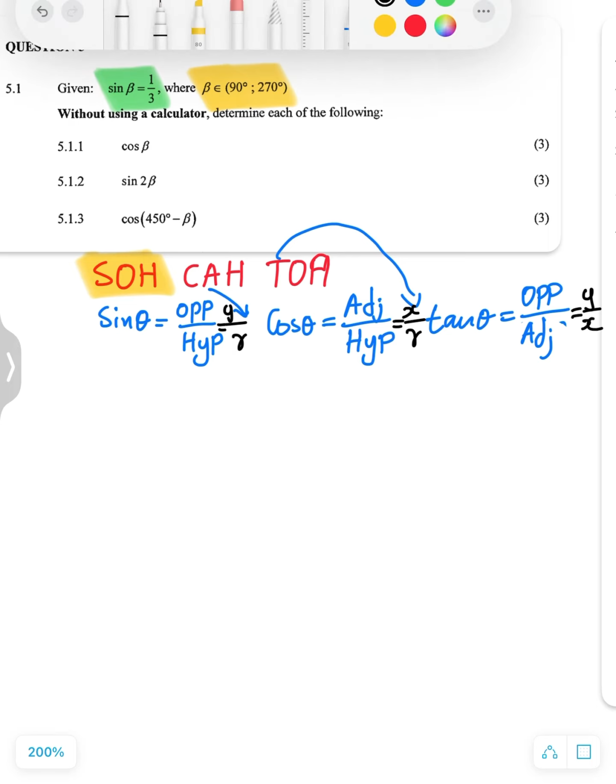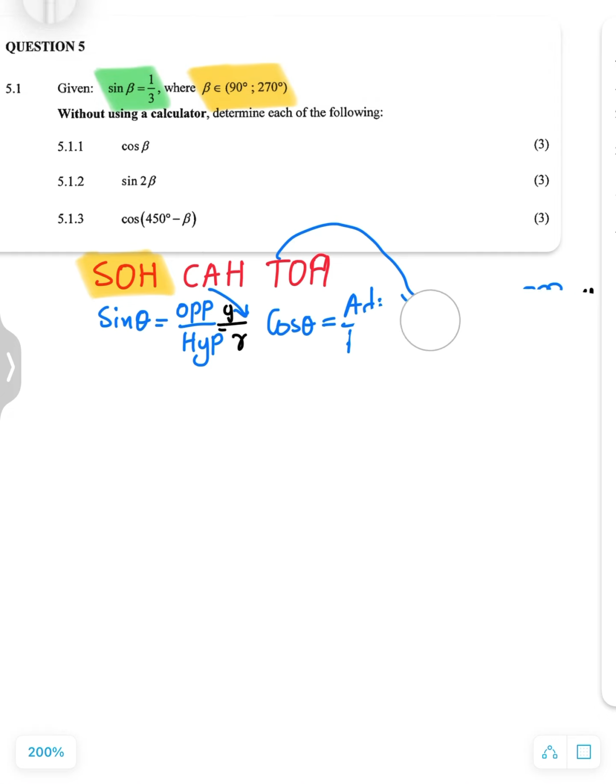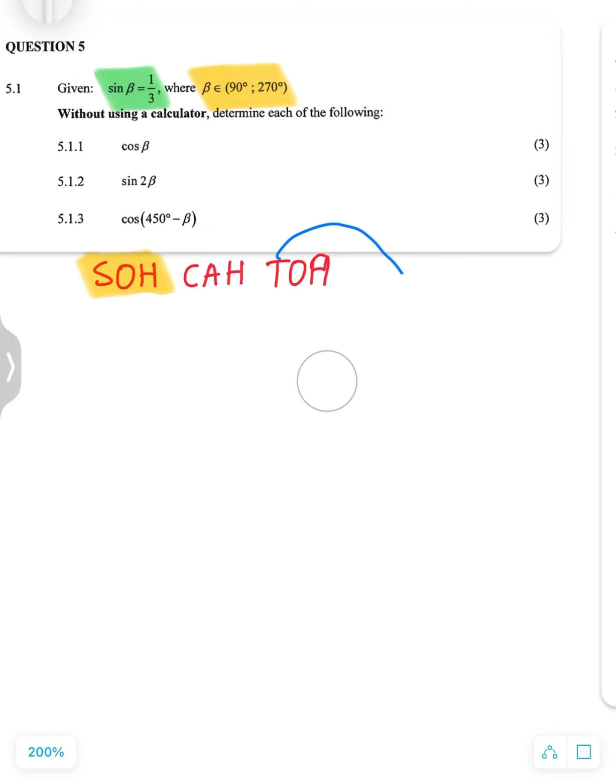So now let's answer the question. Okay, let me remove this. With this, we have here the information given to us. That is where we're going to draw a diagram. So it says that sine beta is 1 over 3.